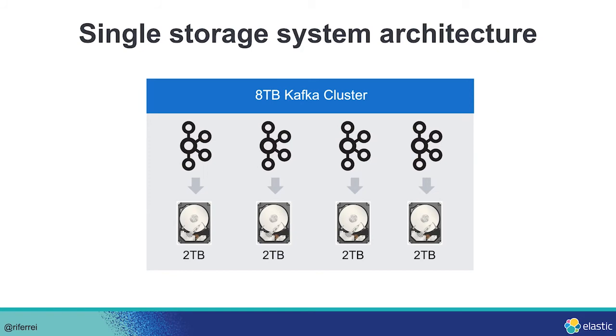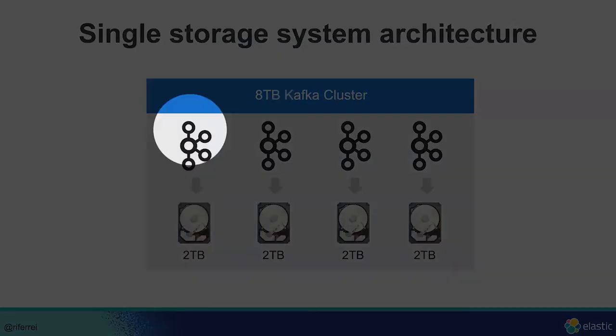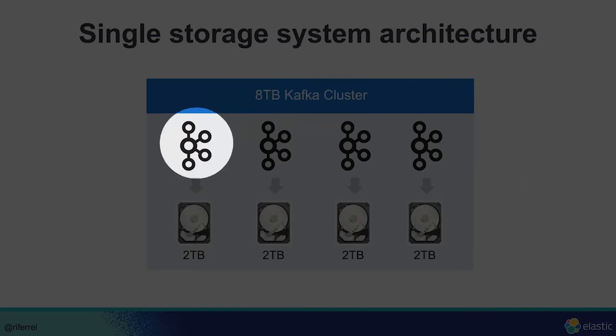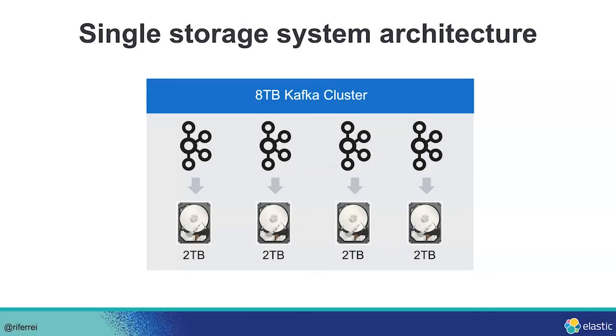Regardless, if you want to, for example, have a Kafka cluster whose storage capacity is 8 terabytes, you can come up with 4 nodes of 2 terabytes each, then you form that cluster. But you don't have the ability to separate things like, all right, my hot data will be stored on these specific nodes over here, and my cold data, which would be data from like 6 months ago, would end up in another set of nodes in the cluster. So it has a more uniform story in terms of storage.